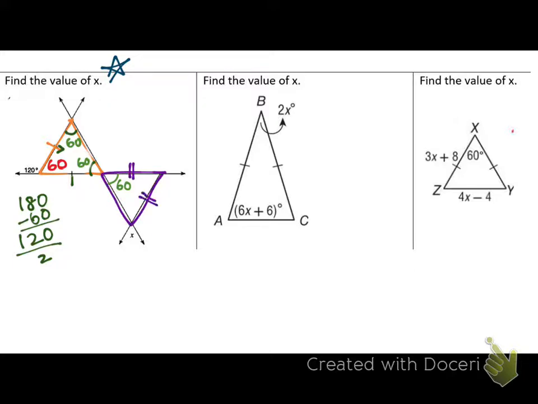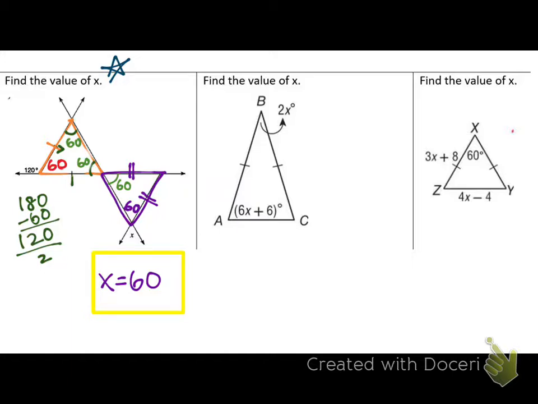Also isosceles, which means two of the angles are congruent. So across from this angle is this blank angle down here. Across from this angle is the 60. So that means this blank angle will be 60. So then what will x end up being? 60. You do have a problem like this on the honors exam where you have to find your way to the x. Your bonus also is similar to that.